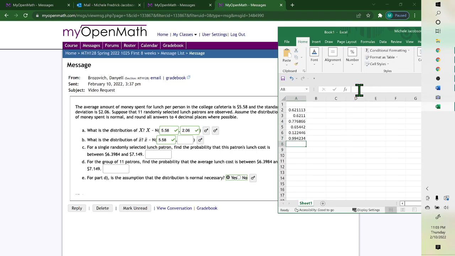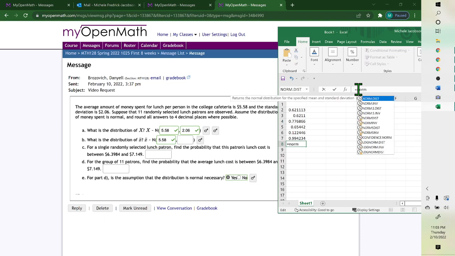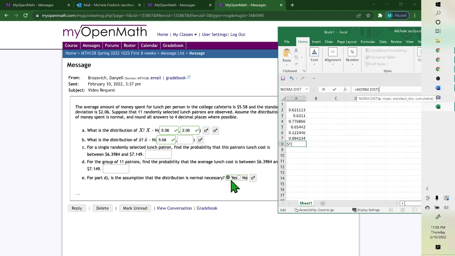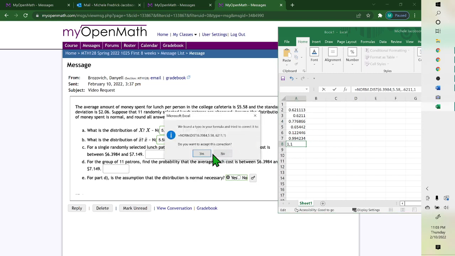I was going to put it all at once, but I'll do it separately. Equals norm distribution. My lower x value, 6.3984, comma, 5.58, comma, and then we're using the B again, so it's the 0.6211, comma, 1, and hit enter.